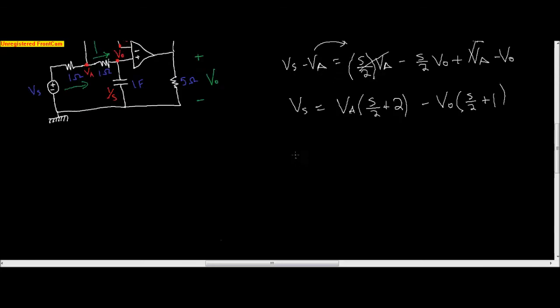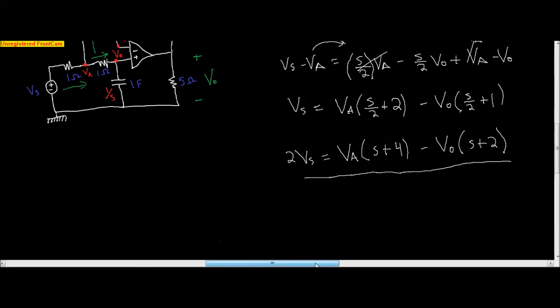So let's multiply everything times 2. 2 Vs equals Va times, if we multiply 2 times this term, we get s plus 2 times 2 is 4, minus Vo. 2 times this term is s plus 2. This looks pretty much simplified, and let's leave this here.